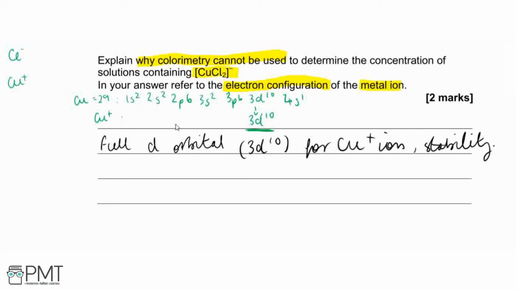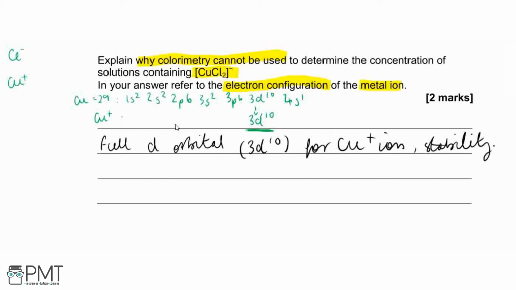And therefore, because we've now got a full d orbital, we've not got a true transition metal at this point. Because we've got that full d orbital, we're not going to get some of those classic properties, such as those coloured compounds, which we get with incomplete d orbitals.